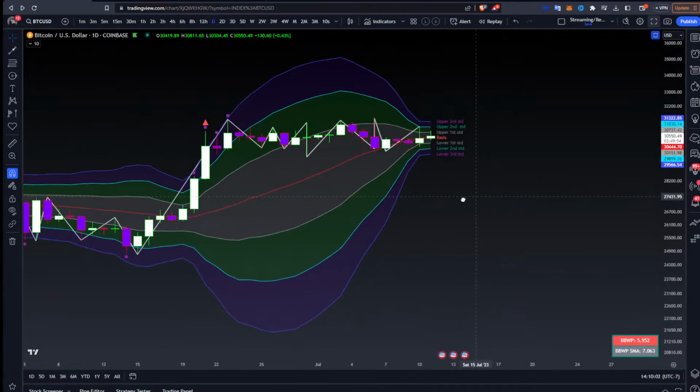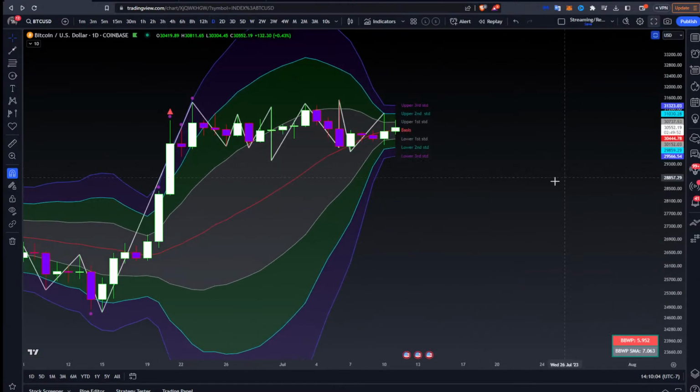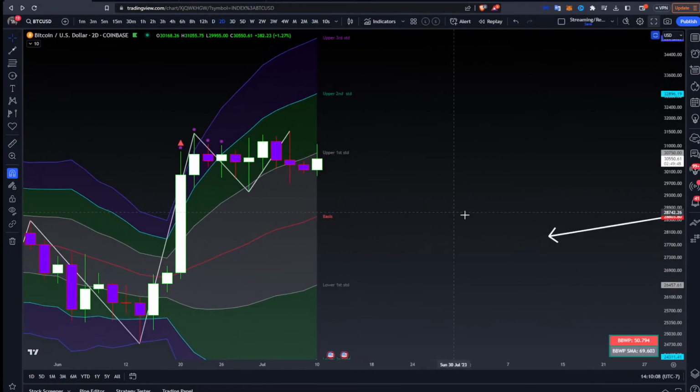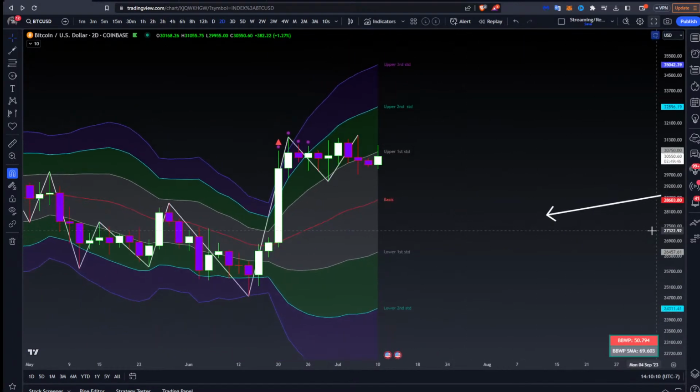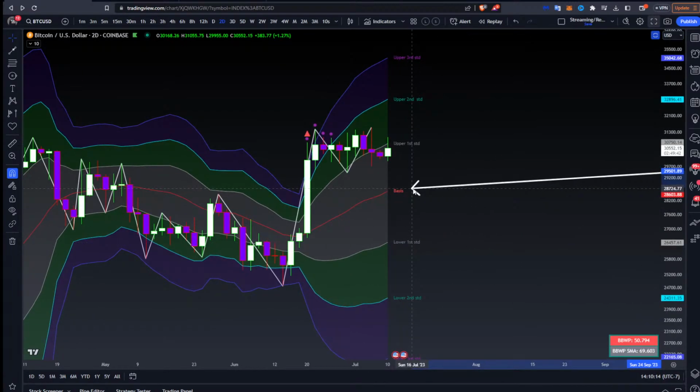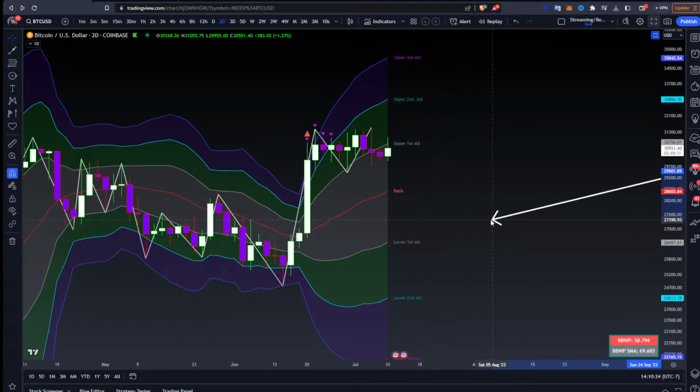So if we did see downside expansion of the Bollinger Bands on the daily, I would flip over to the 2-day chart and just make note of where the major areas of support line up with the Bollinger Bands. In this case, that basis band is lining up pretty darn well with some major moving averages, as well as technical support and resistance on the daily, weekly, monthly area. And then we have the lower first standard deviation coming in at 26.5.